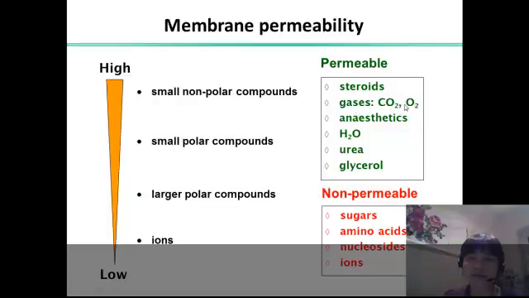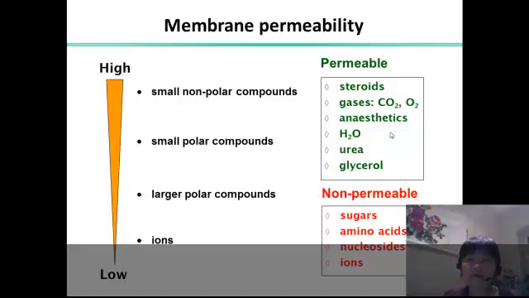These are the important gases for respiration, and that is why in respiration the molecules cross the membrane by simple diffusion, because these are very small nonpolar components, very easy to cross the membrane by simple diffusion, and we say that they have higher permeability.